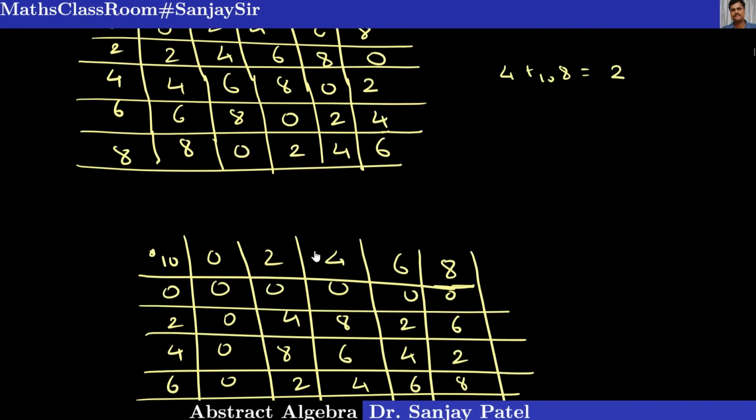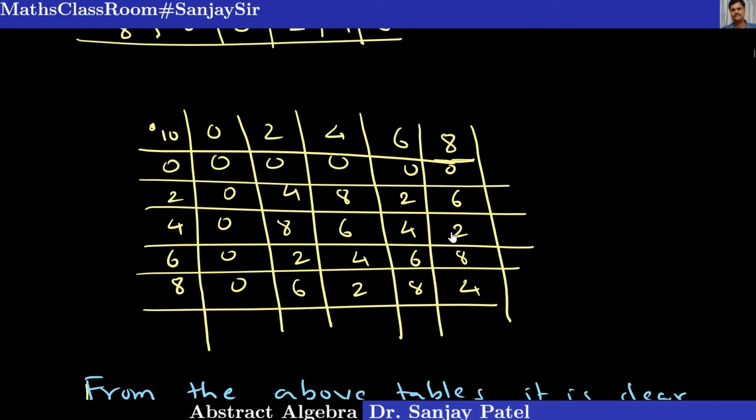But if you observe this multiplication table very carefully, then you can find another element which behaves like an identity element for multiplication. What to check for identity element for multiplication?